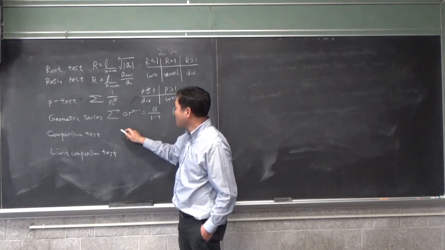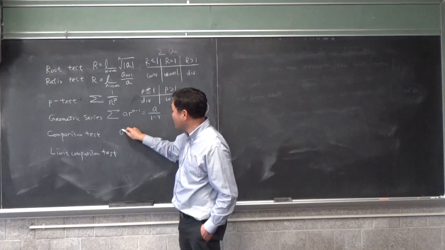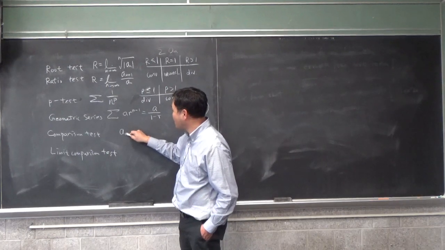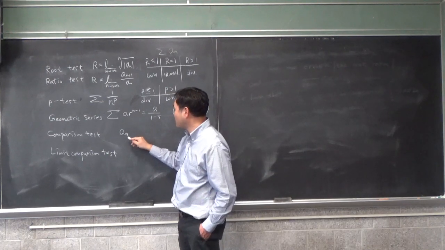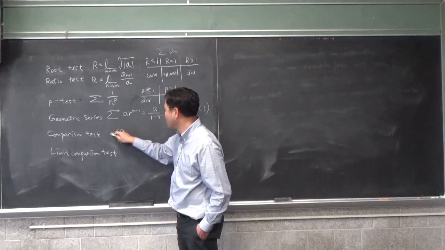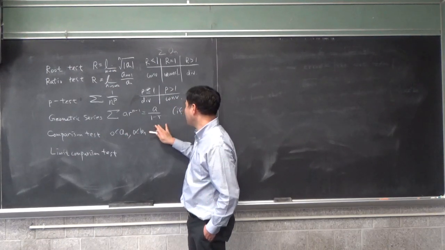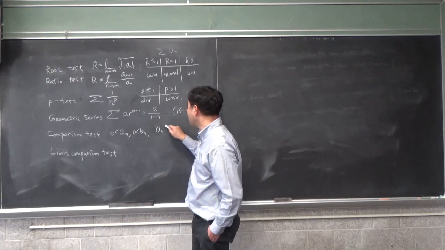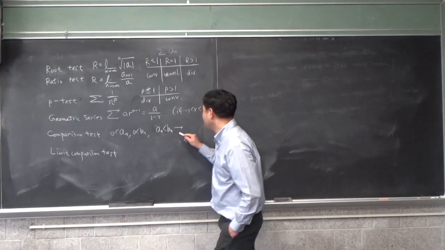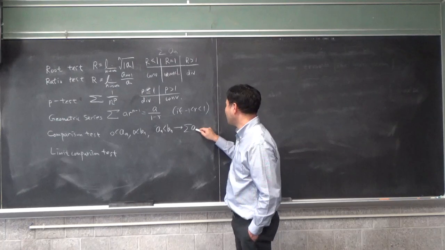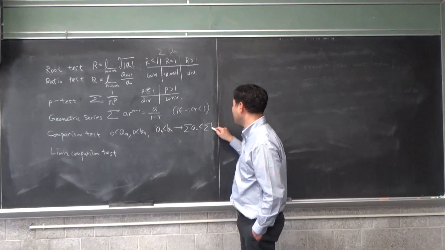Well, it's about the fact that if you have something positive, let's say an and bn are both positive, and if an is less than bn, then the summation of an should also be less than the summation of bn.